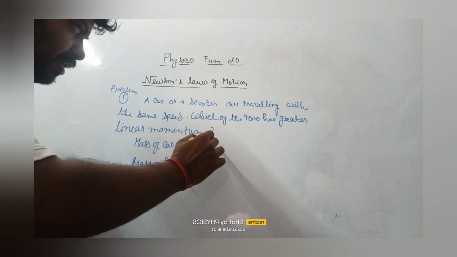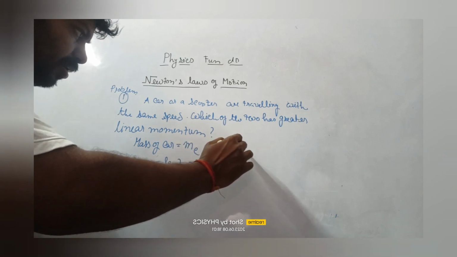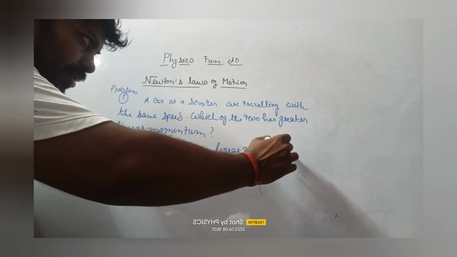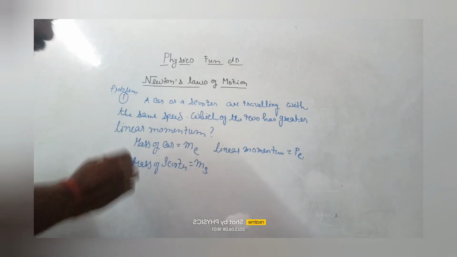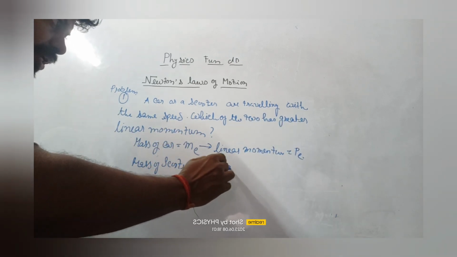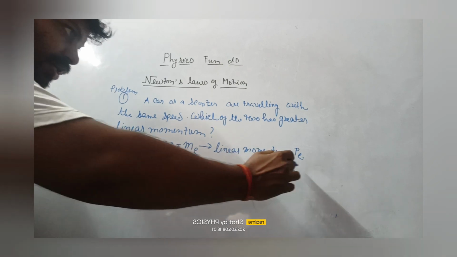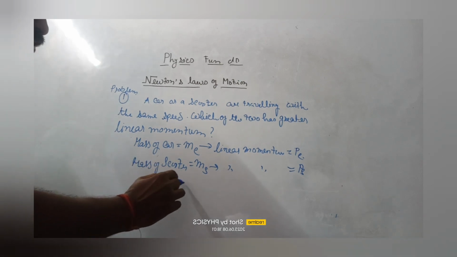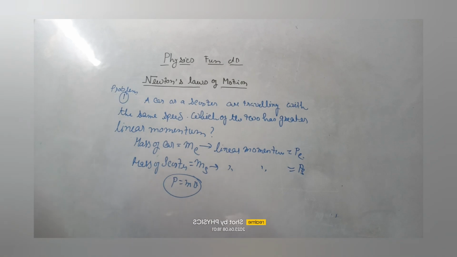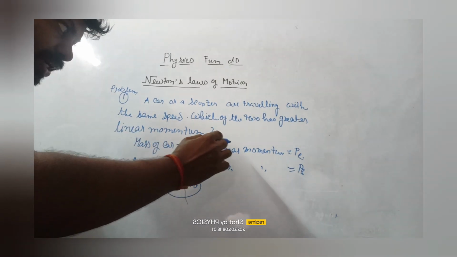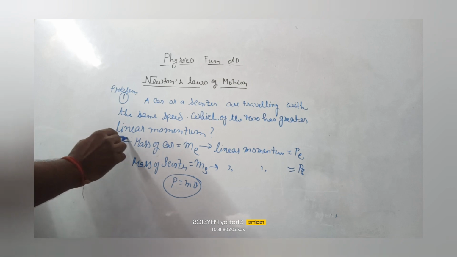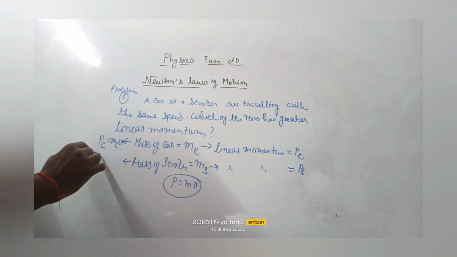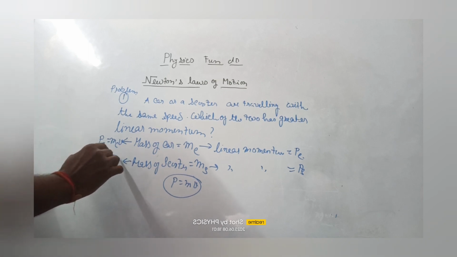The linear momentum is pc for the car, and the linear momentum for the scooter is ps. Now we know that p is equal to mv. Here v is constant, so we can write for the car pc equals mcv, and for the scooter ps equals msv.